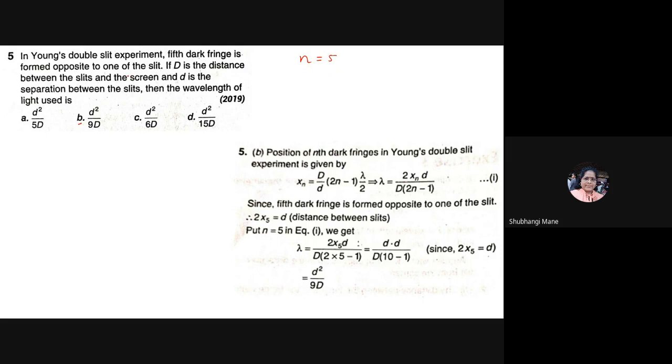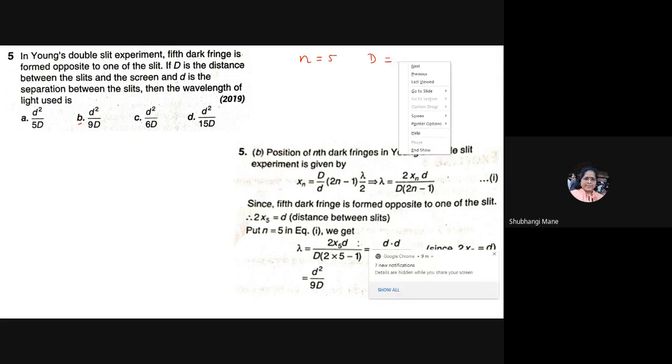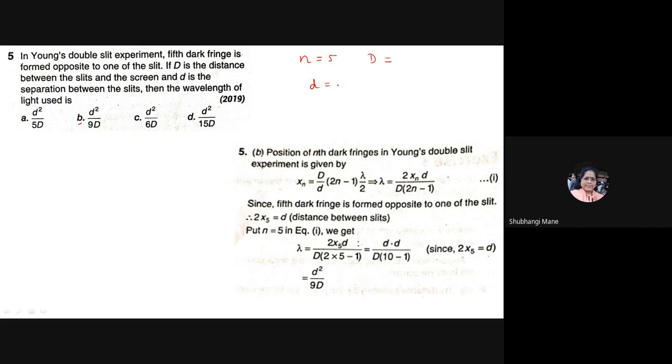If d is the distance between the slits and capital D is the distance between the slits and the screen, what is the total distance from screen to slits? Capital D is not given, and small d is the separation between the two slits.